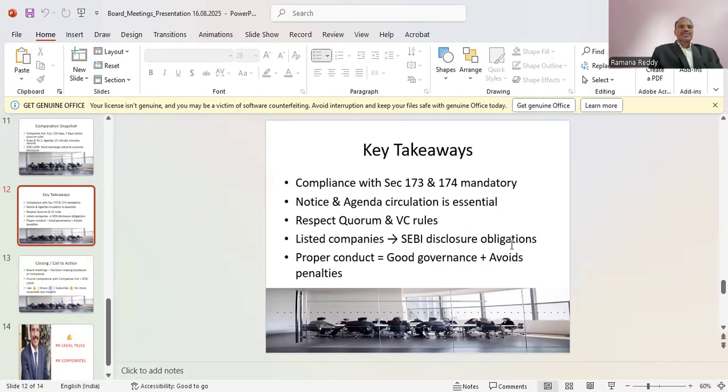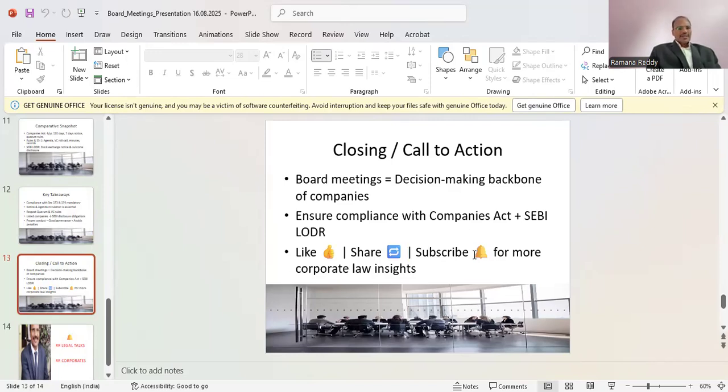For listed companies, SEBI disclosure obligations carry additional obligations under SEBI LODR, especially regarding intimation, disclosures and timelines for outcomes. And this is what we have clearly discussed. I hope you are clear. Board meeting decisions are the backbone for companies and ensure compliance with the Companies Act and SEBI LODR.